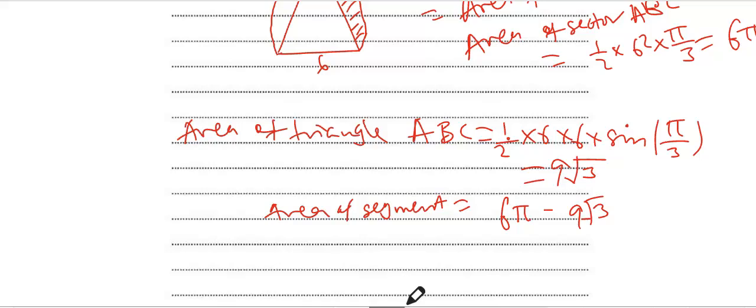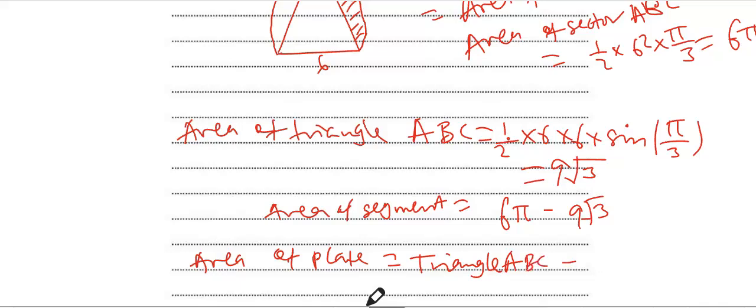Now we can look at area of the plate. So area of plate is nothing but triangle ABC plus 2 times the segment.